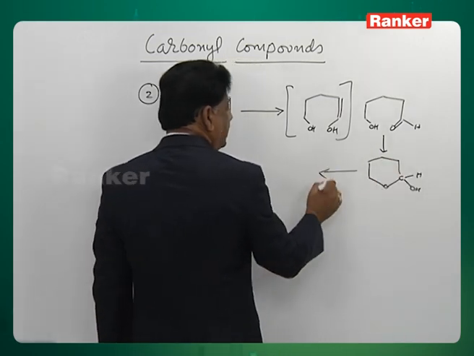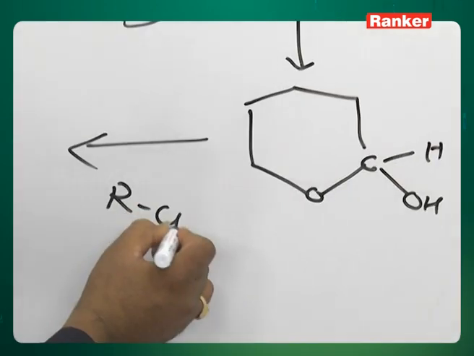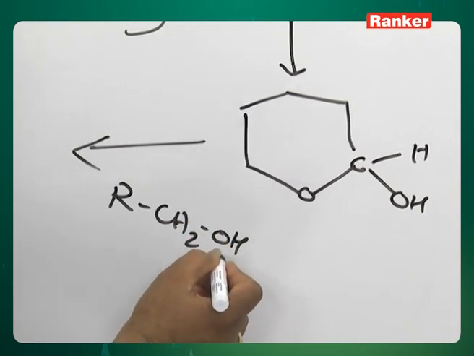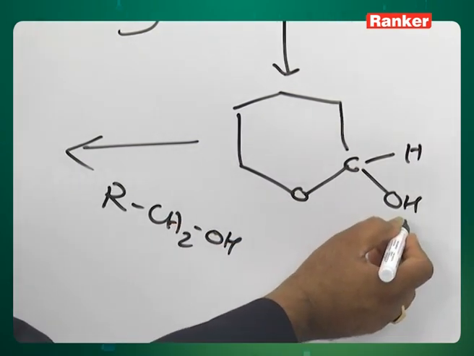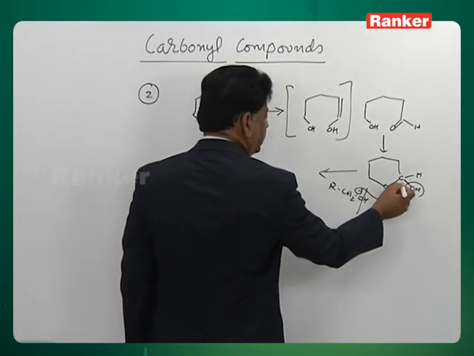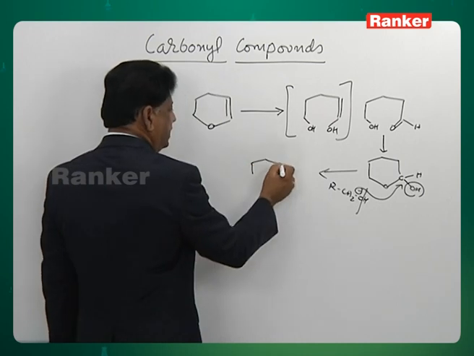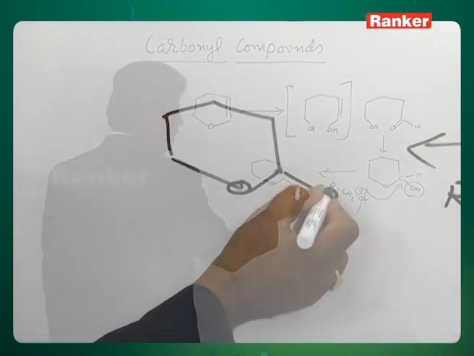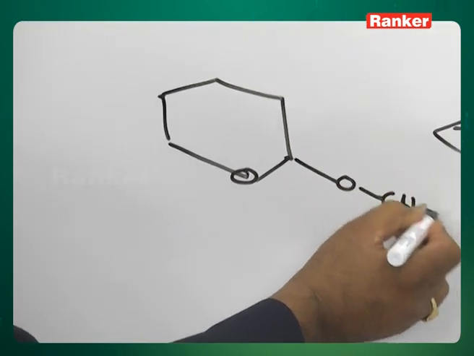This hemiacetal and alcohol is there, RCH2OH. So this may be shown, that is this alcohol group is replacing the OH group, OR replaces the OR. This is called acetal formation taking place. Finally you will get one ether bond on this side, and on the other side another ether is formed.